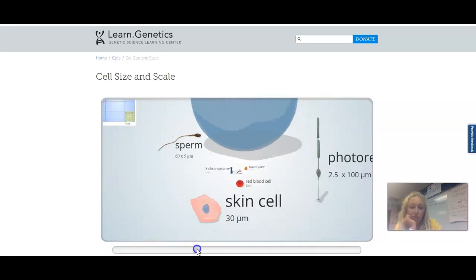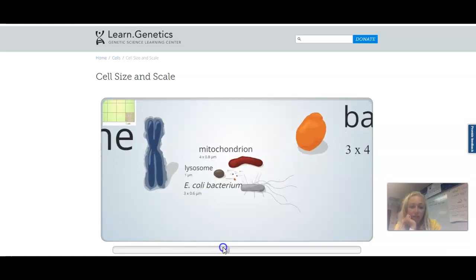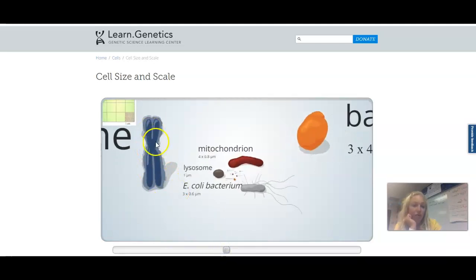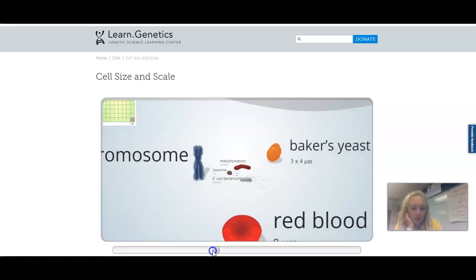So you can see as we zoom in, you go to smaller cells, you finally can see that bacteria is smaller even than a chromosome. This is just one section of DNA. And these little dots down here are viruses, which are not living things, they're not cells. They don't have all the parts, and they can't go through all the functions that cells can.